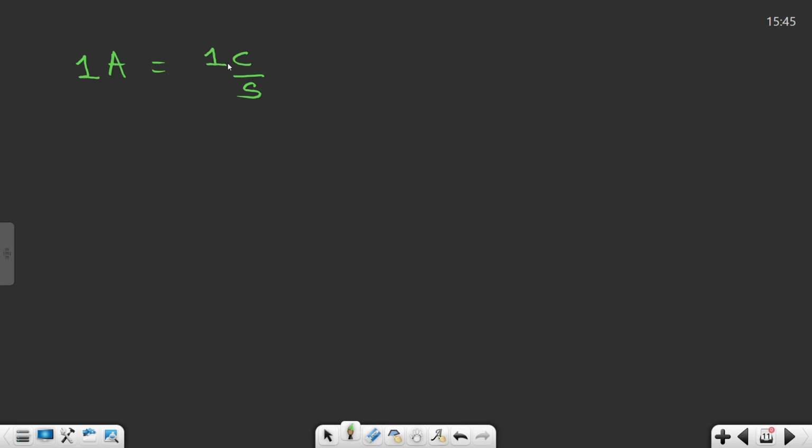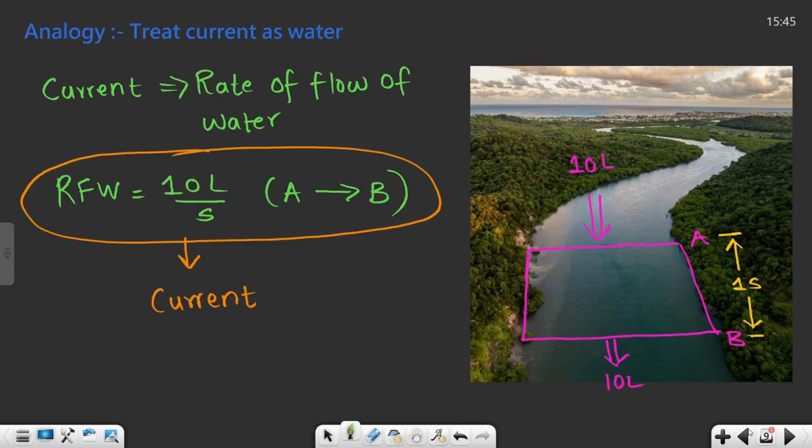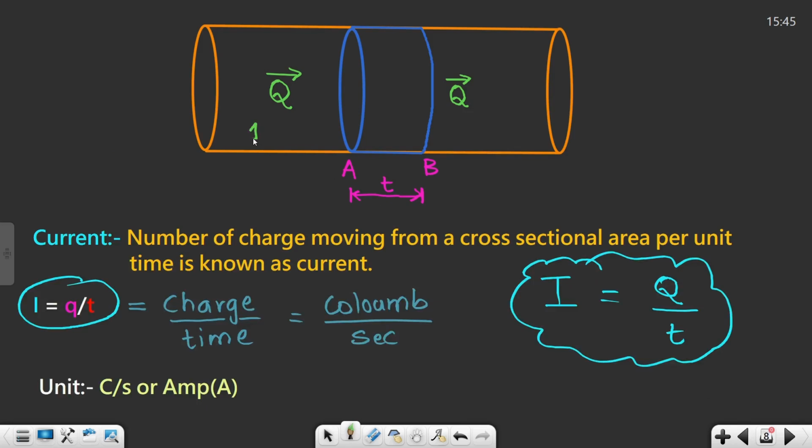What is 1 coulomb of charge? Any guesses, how many electrons are present in this 1 coulomb of charge? This much, that means 6.25 into 10 raised to 18 such electrons move from A to B. So if I say 1 coulomb of charge moves through this cross sectional area in 1 second, that means 6.25 into 10 raised to 18 electrons move from point A to point B within a second.